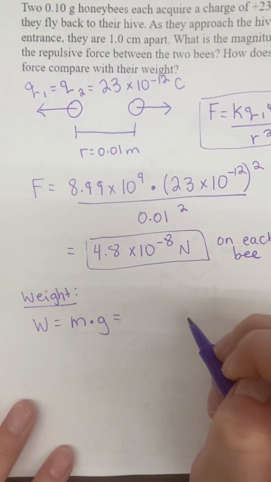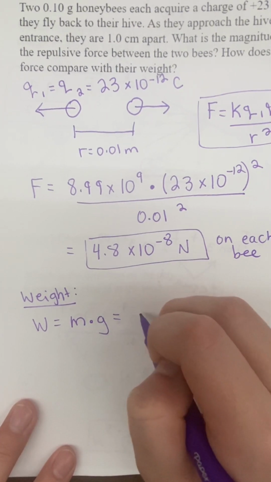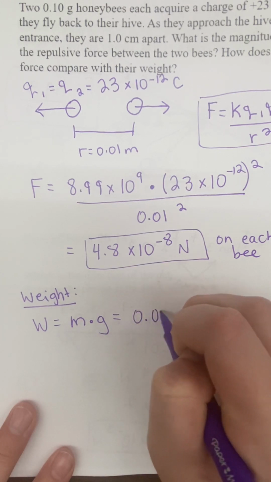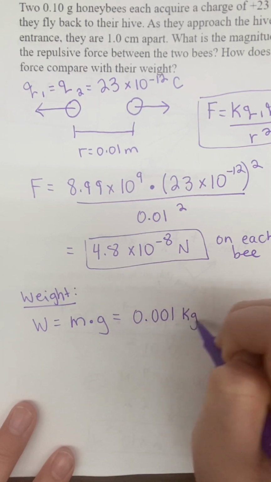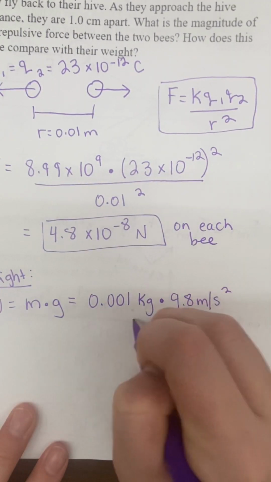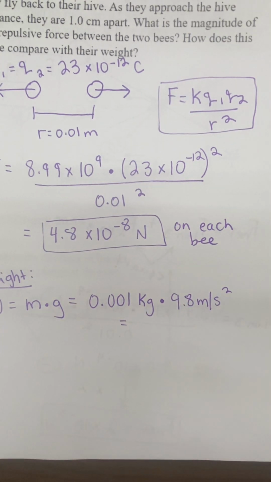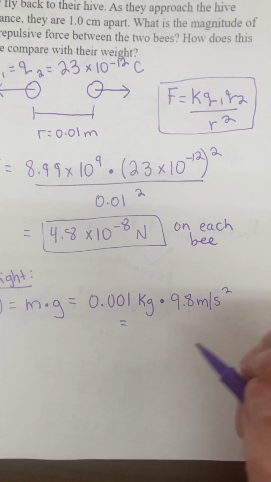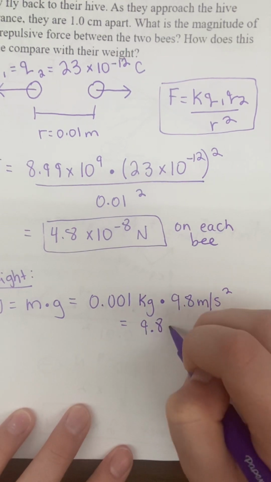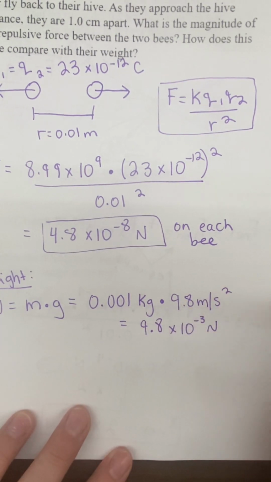We get 0.1 grams would be 0.001 kilograms times 9.8 meters per second squared. I need a calculator. Looks like we get 9.8, I guess I could have done that in my head, oh well, times 10 to the minus 3 newtons. So that's their weight.